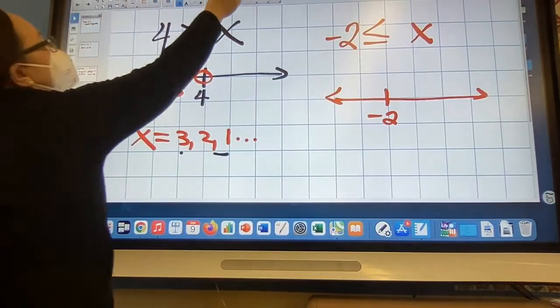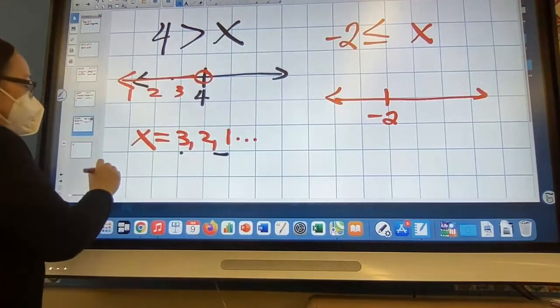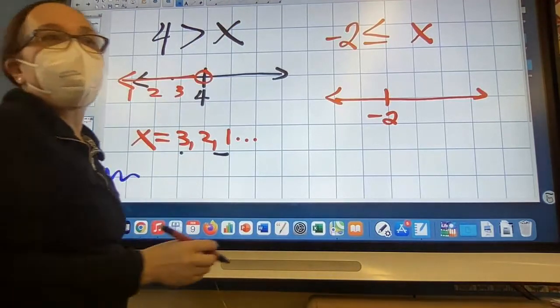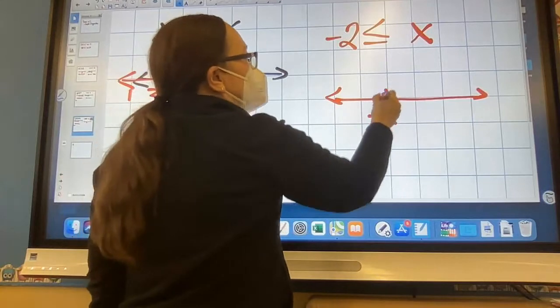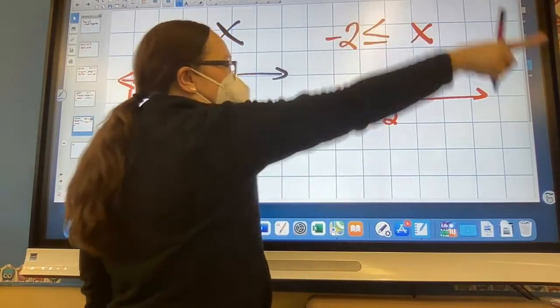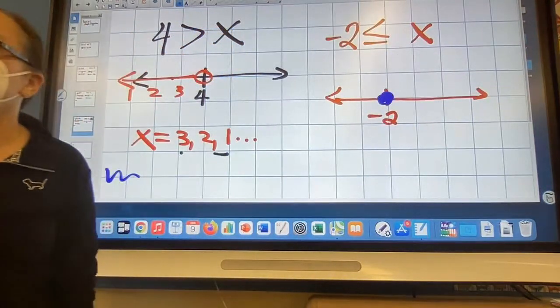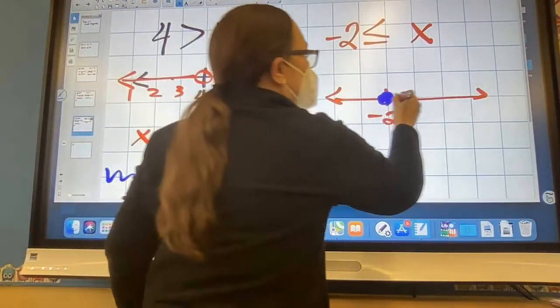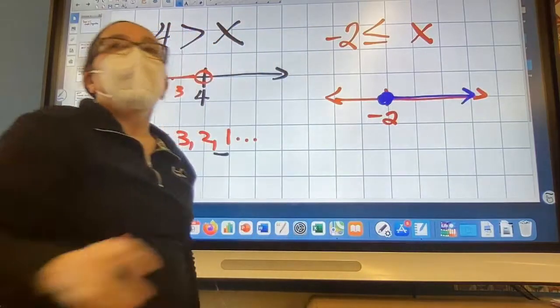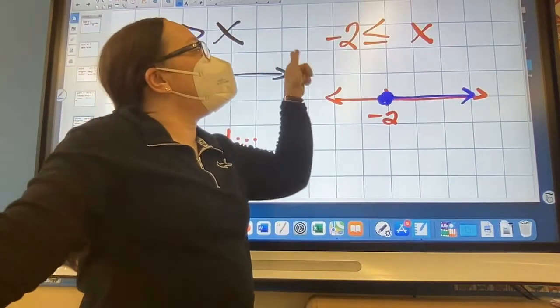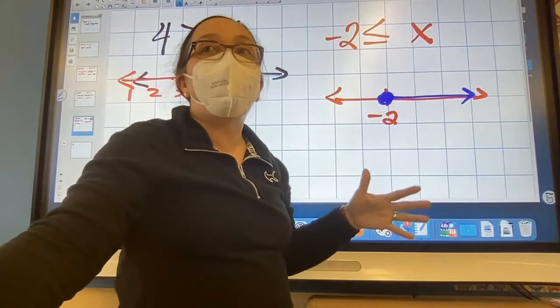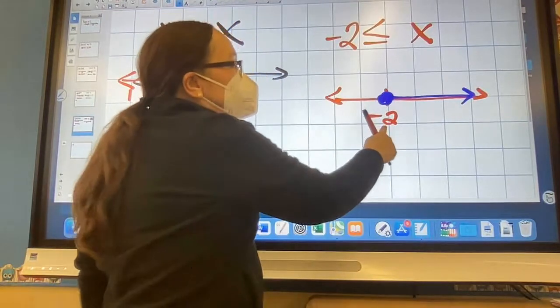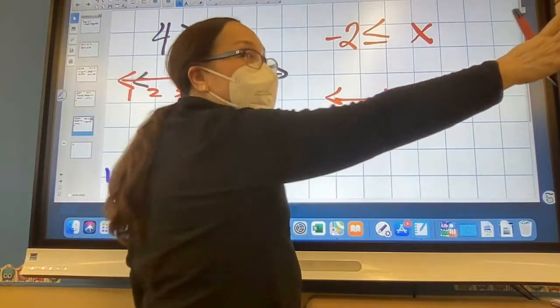So are we closing the dot or are we going to be opening the dot to graph? Should I go to the right or should I go to the left? The right, should be the opposite way. Because it says here, negative 2 should be less. So if that should be less, that x should be greater.